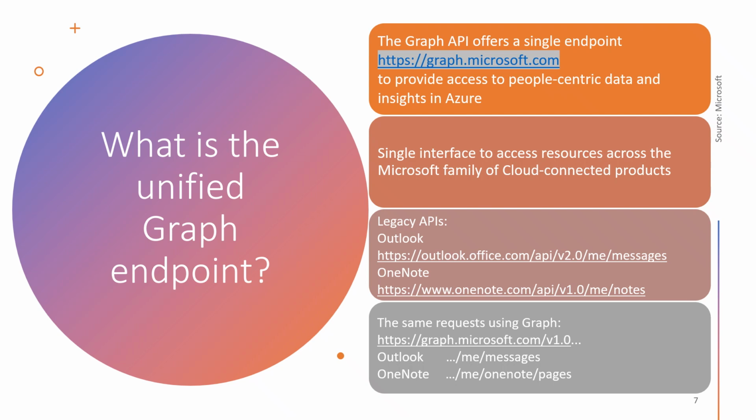Whether it is mail or calendar coming from Outlook, or whether it is OneNote, you can access all this through the unified endpoint at graph.microsoft.com. As you can see listed here on the slide are the differences between legacy APIs and the Graph API. The legacy APIs were all distinct, whereas Graph brings it all together to a single endpoint.